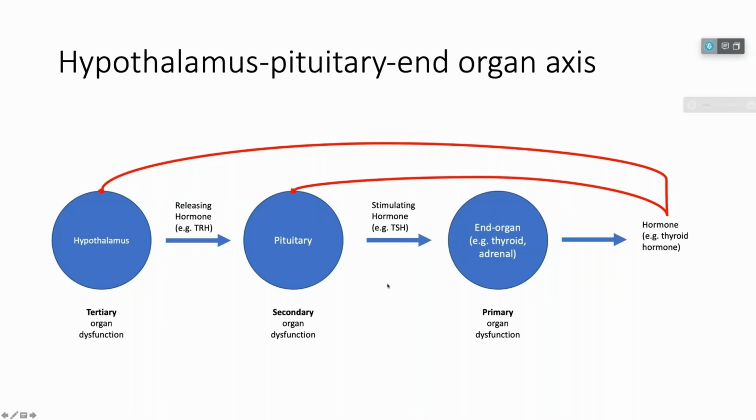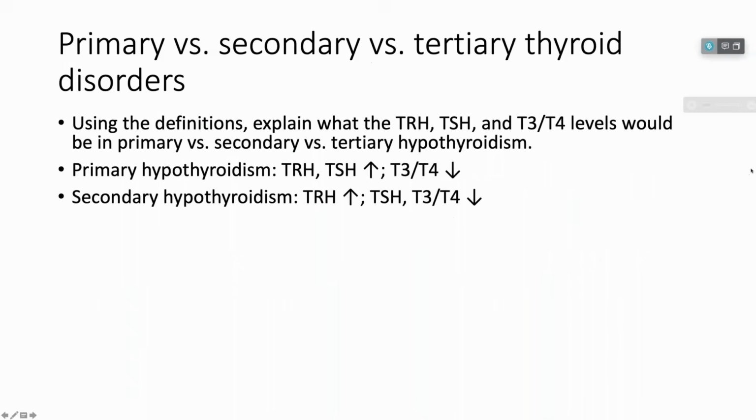In other words, if I have a pituitary problem and decreased production of TSH, it also means I'm going to produce less T3, T4. So if I have less T3, T4, I will disinhibit the hypothalamus and, in theory, the pituitary. The problem is that I have a problem in the pituitary. So even if I disinhibit the pituitary, I can't increase my TSH. So TRH is up, TSH is down, T3, T4 is down. Great, exactly.